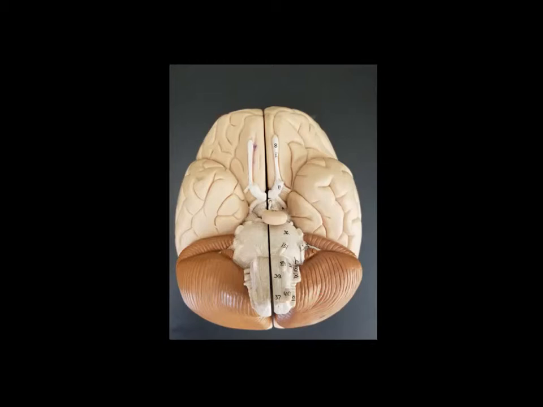But we can see from this view that the cerebellum also is kind of divided into two portions. So we would say that this is one cerebellar hemisphere and another cerebellar hemisphere. So just like the cerebrum is divided into two hemispheres, the cerebellum is also.